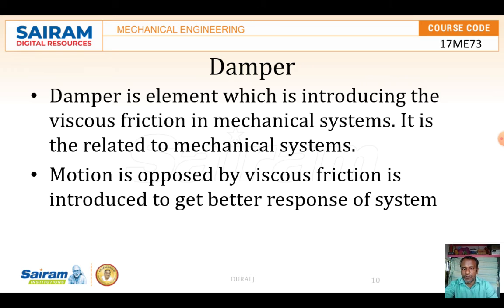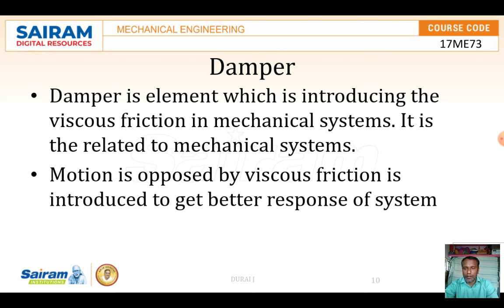Then comes the damper, the next element. The damper is the element which introduces viscous friction in the mechanical system, and it is related to mechanical systems. Motion is opposed by friction, and viscous friction is introduced to get a better response.